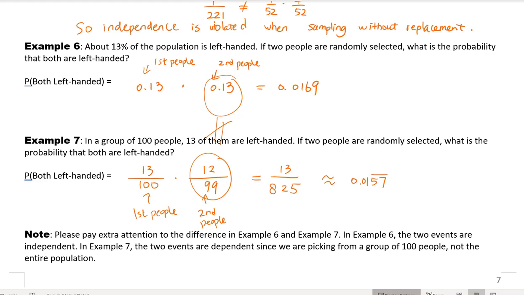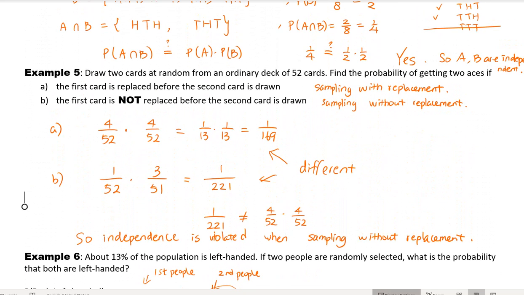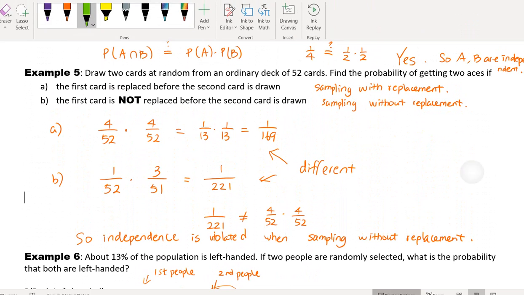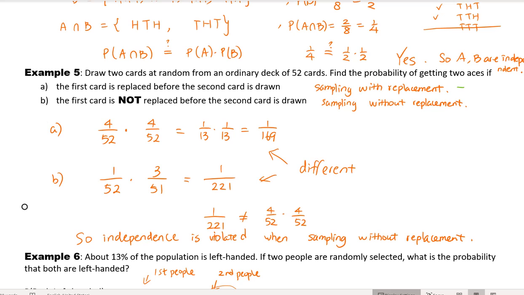Sampling without replacement, we get dependence. Let me write it down here: sampling with replacement, the different rounds are independent, and sampling without replacement, they are dependent.